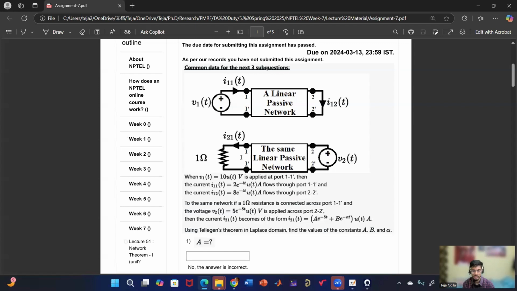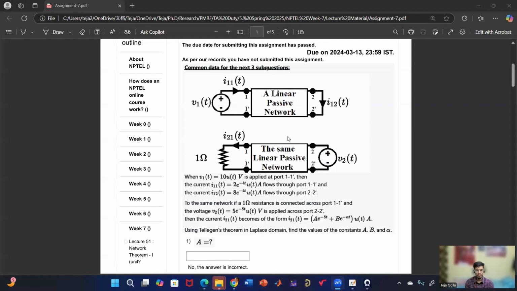Let me know once you have read the question. Have you read the question? Someone mentioned in the chat. Yes, sir. Okay, so I'll read it out again.